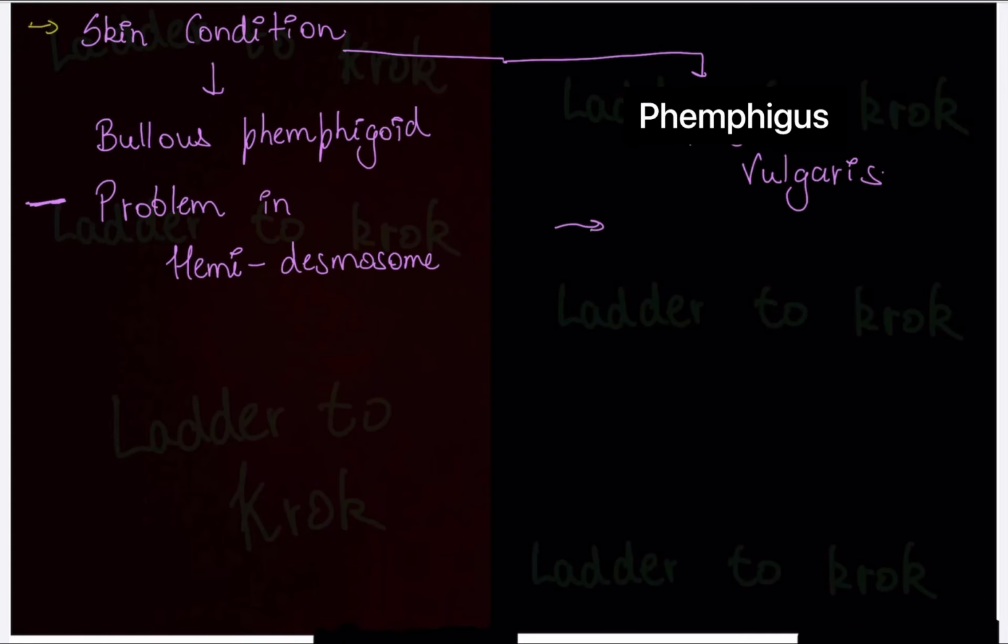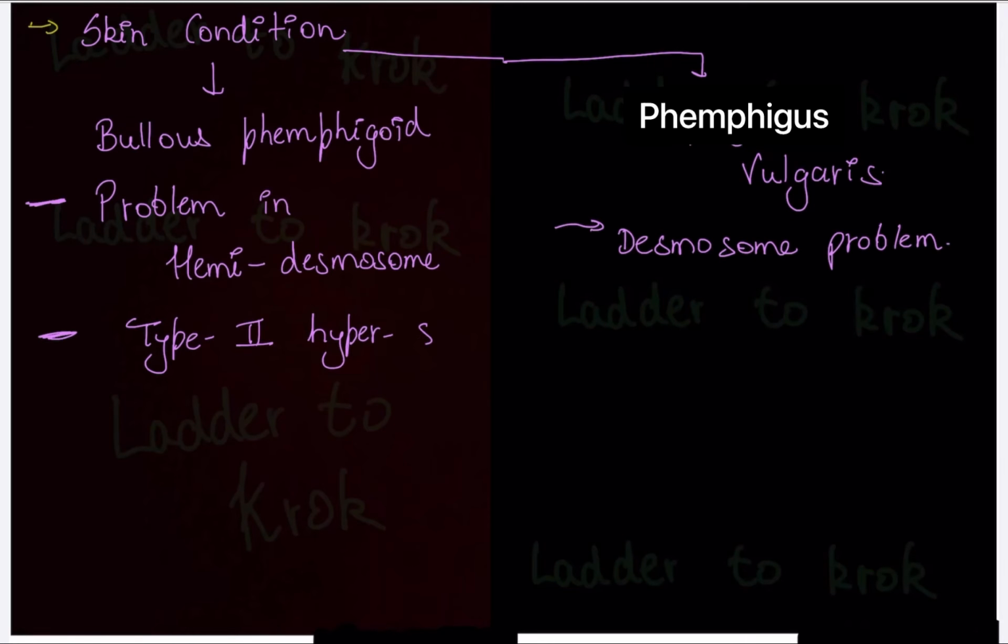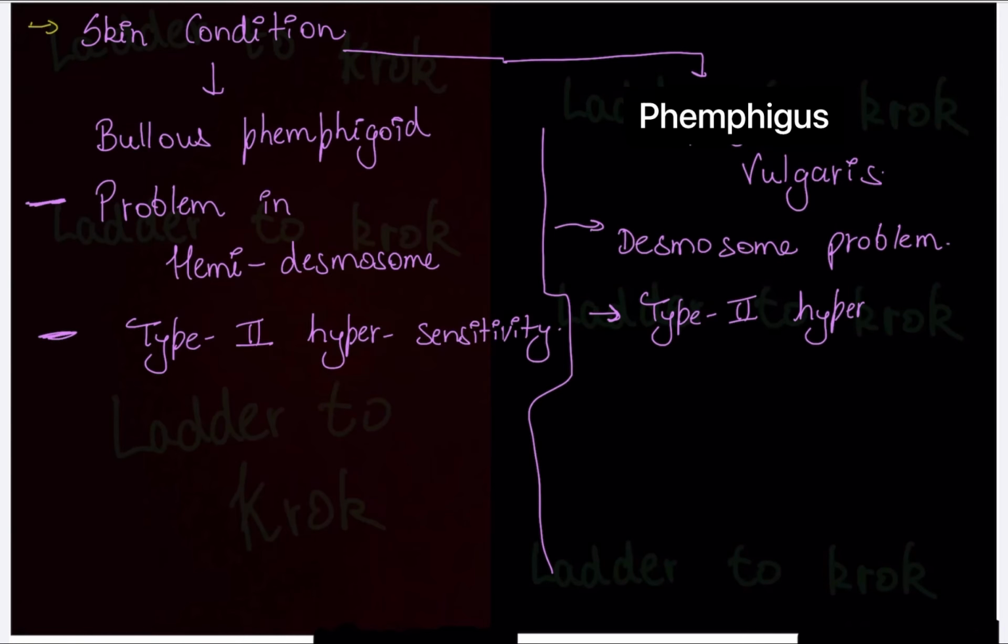In pemphigus vulgaris, there is a problem in desmosomes. Bullous pemphigoid is a type 2 hypersensitivity, and pemphigus vulgaris is also a type 2 hypersensitivity reaction.